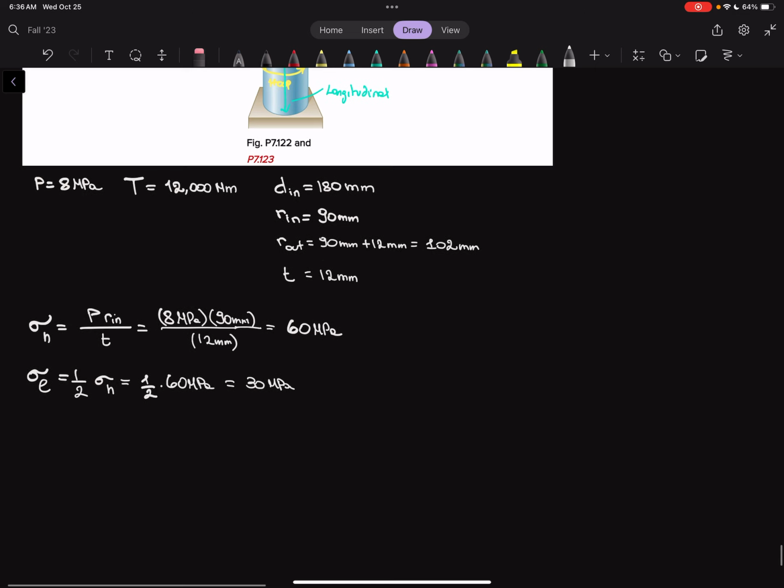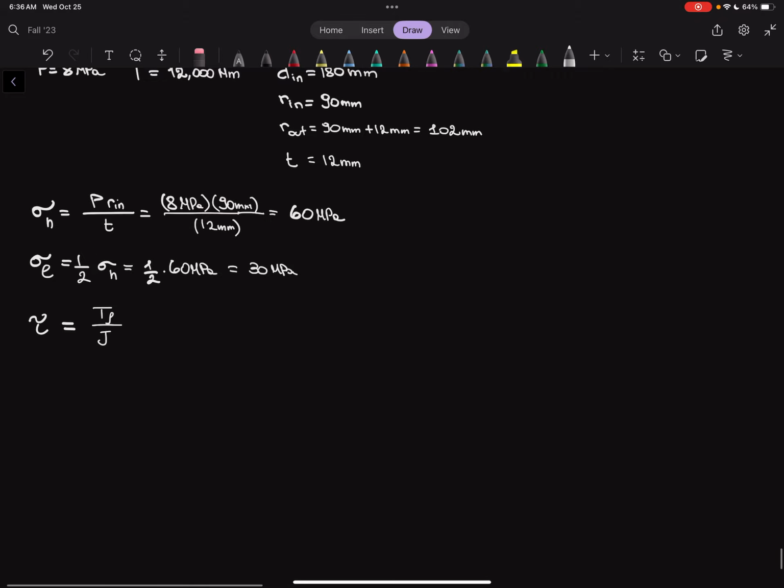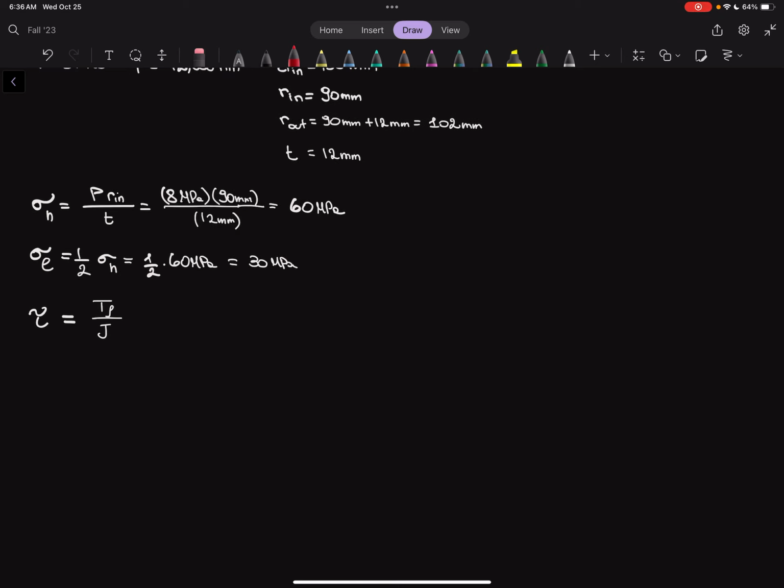So now let's find the torque stress, and that's really what this problem is about. If we find the shear stress from torque, we look at the formula. It is T rho over J. Well, let's clarify some things.